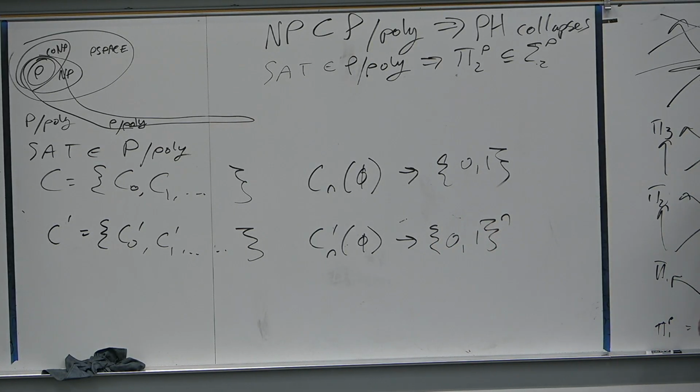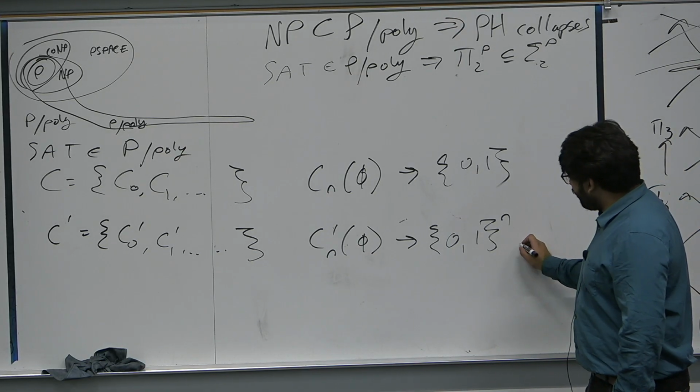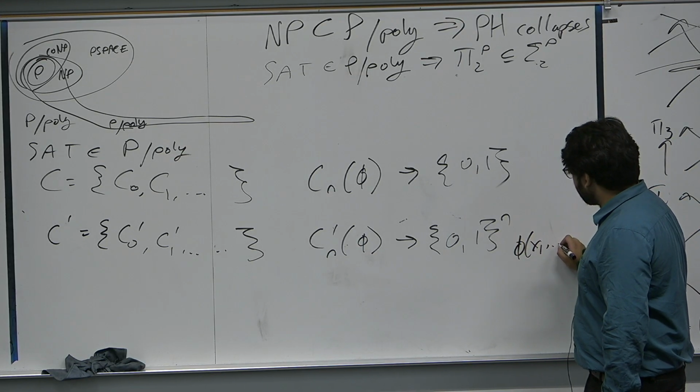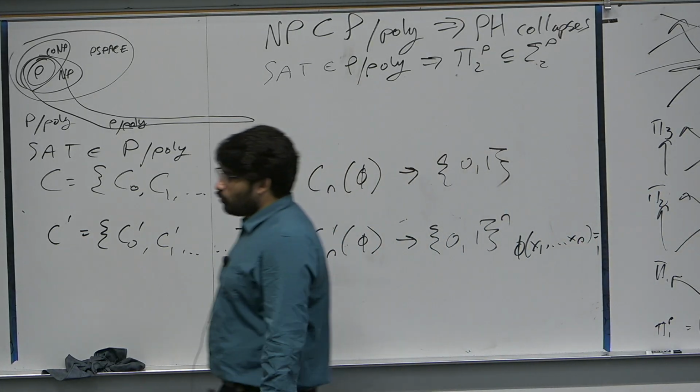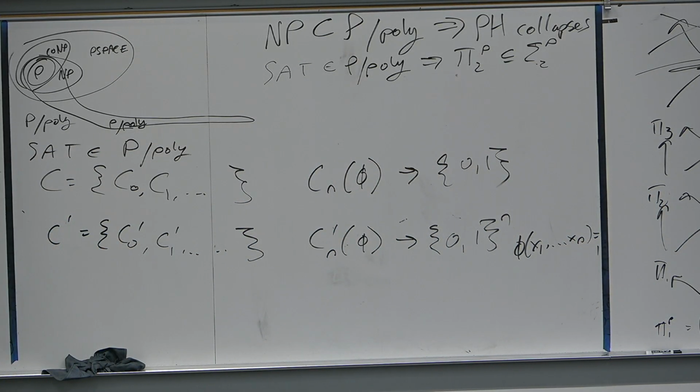It actually outputs n bits such that when you plug those into phi, it outputs a 1. Why is that true? What I'm saying is if there exists a polynomial sized circuit family for the decision problem, why does there exist a polynomial sized circuit family for the search problem that actually outputs the assignment? Why is that true?